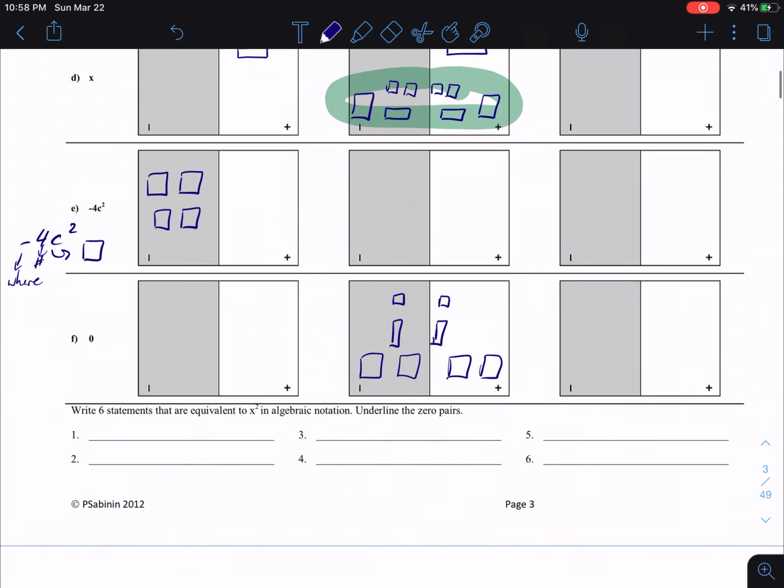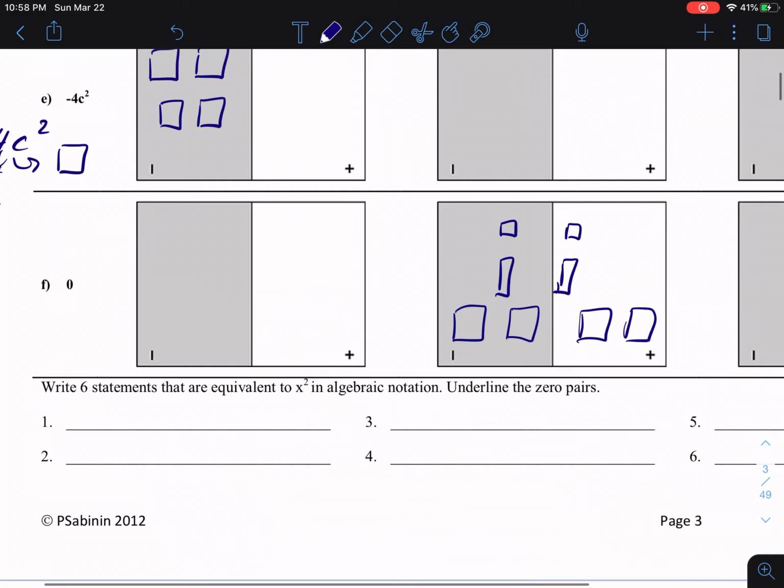Now, let's look at these questions. Write 6 statements that are equivalent to x squared in algebraic notation. So x squared is certainly one of them. But then, remember that we can make x squared on the mat look very different. We can make x squared look like x plus 1 minus 1, because this is a 0 pair.